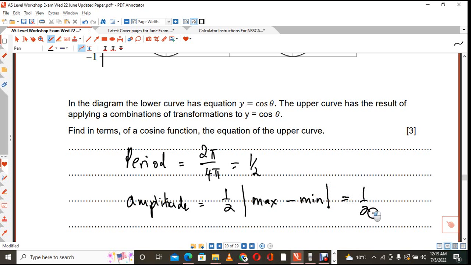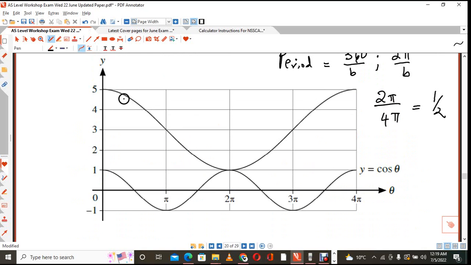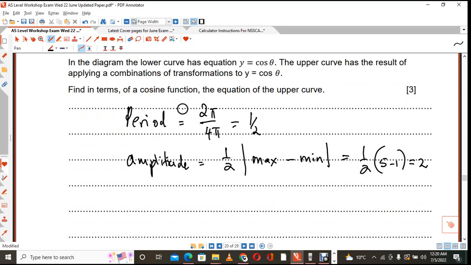In this case, the maximum value, looking at the graph, is 5, and the lowest value is 1, looking at the upper curve. So 5 minus 1 is 4, and half of 4 would be 2. So the amplitude is 2, all right? So I know the two values.